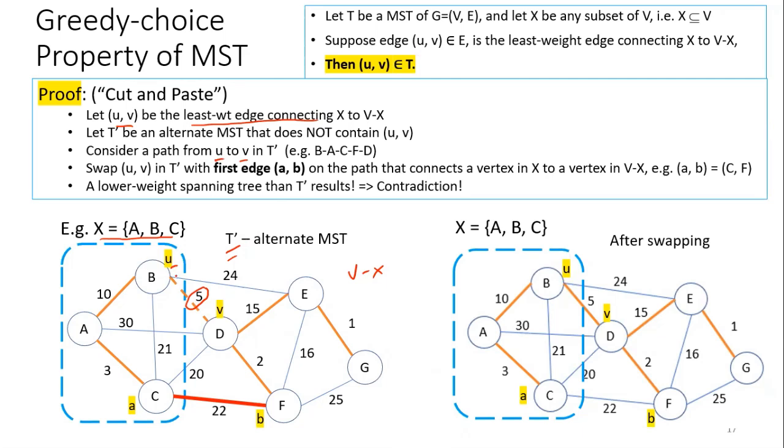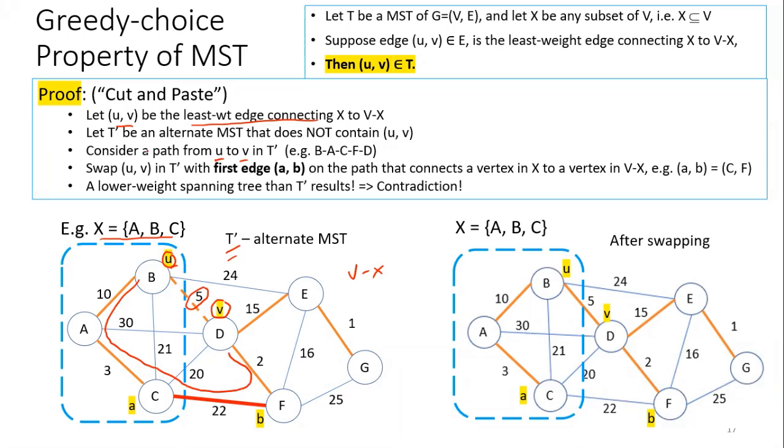So let's take a look at U and V, which were part of the original edge, which was taken out. And now let's trace a path through T prime which connects U and V. Now what would that path be? That would be, in this particular case, this particular path. That's how we can get from U to V.